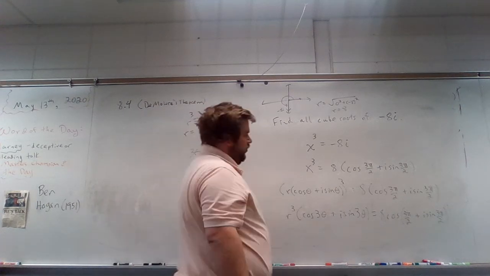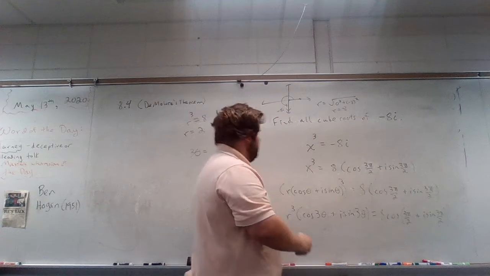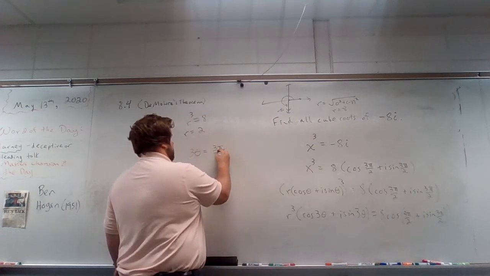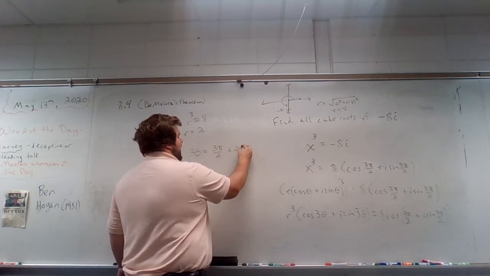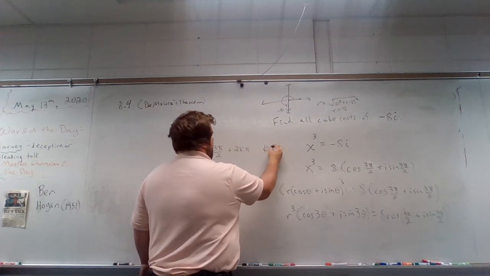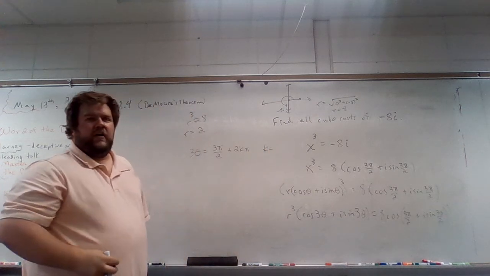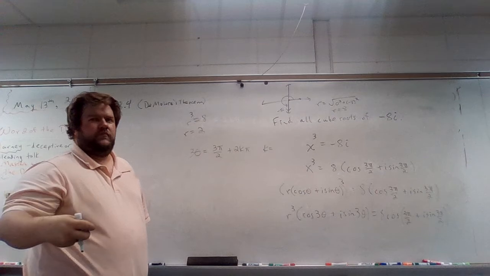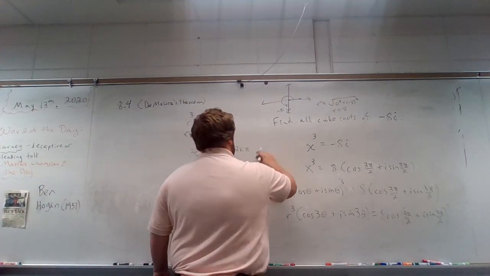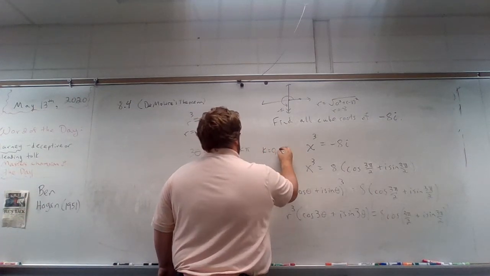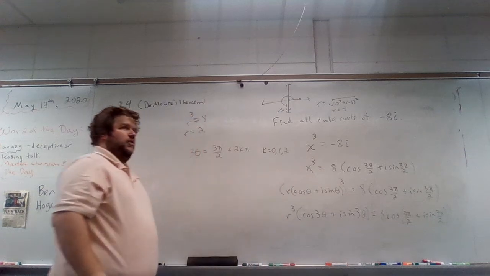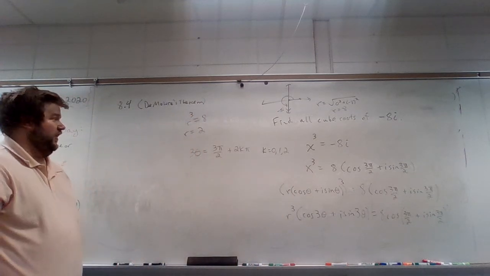Well, that has to equal this 3 pi over 2 plus your 2k pi, right? But here, since I'm doing cube roots, k goes 0, 1, and 2. So I go on up to 2. It's 1 less than 3, where for square roots it was 1 less than 2, so I did 0 and 1 for k.